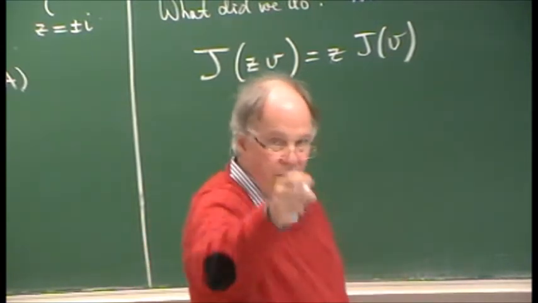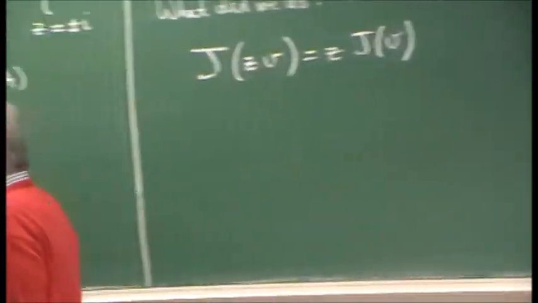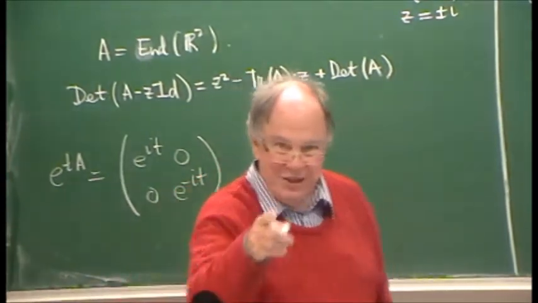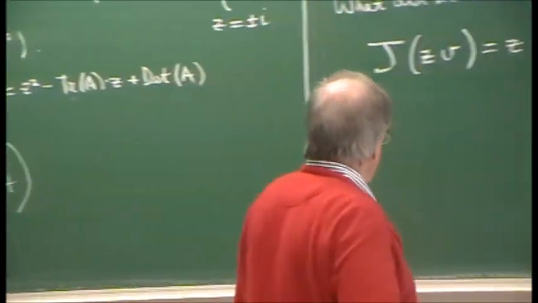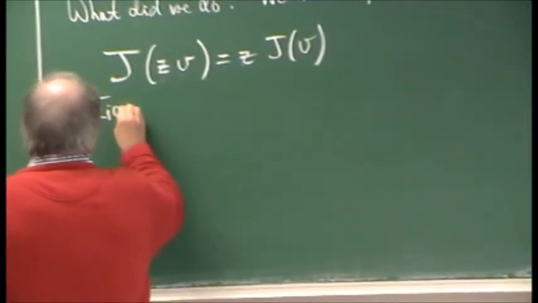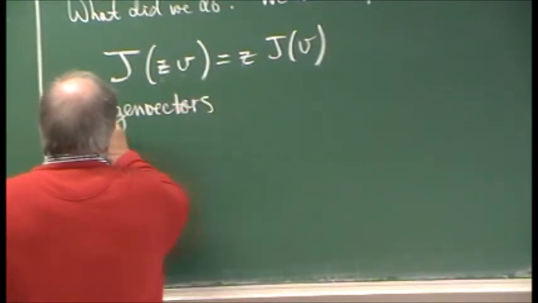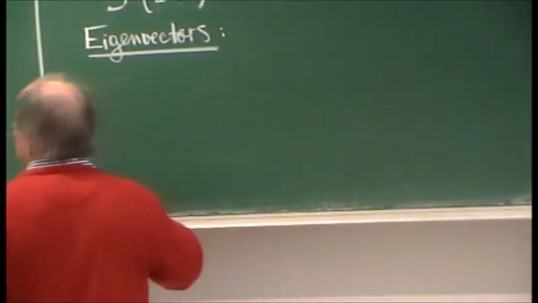Now, let's talk about what Mihai asked about. He said, okay, now I can do this, because I'm allowed to multiply by complex numbers. Let's check what the basis is. That's what you were asking about, right? So let's look at the eigenvectors. Okay, the eigenvectors are, well, I don't know.